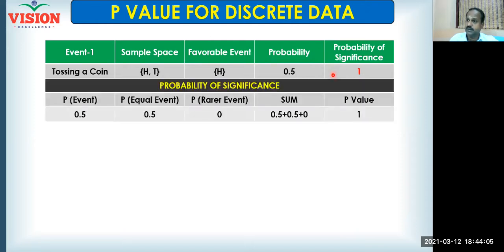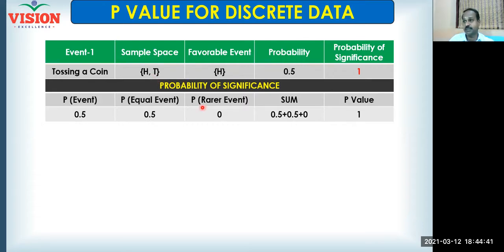So let us see the calculation behind. What is the probability of the event observed? 0.5 as it is. Is there an equal event in this case? Yes, look at the sample space. Just like head, you also have another event, tail. That also has equal probability. So there is an equal event, for which the probability is 0.5. And then the probability of the rarer event. What is the rarer event? Is there anything beyond head and tail that can happen while tossing a coin?